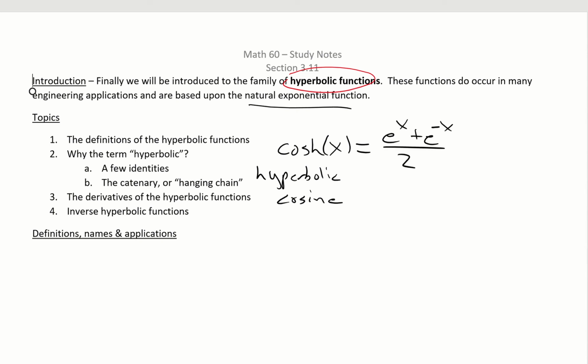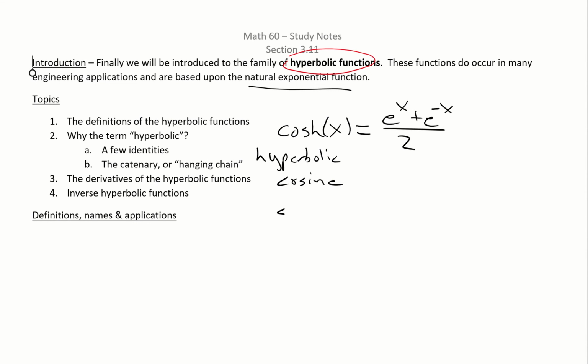These have been designed, okay? This other guy, sinh of x, really stands for hyperbolic sine. It's another function, very similar. It's (e^x - e^(-x))/2. And the rest follow.